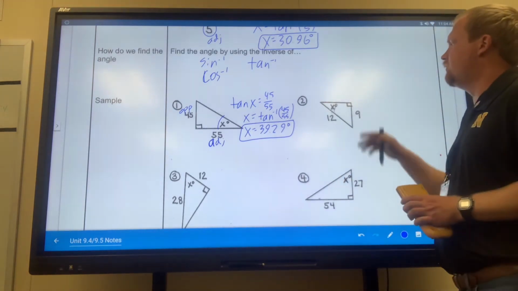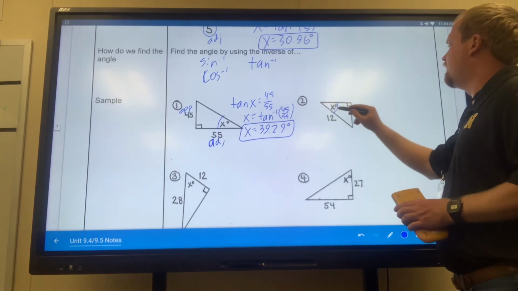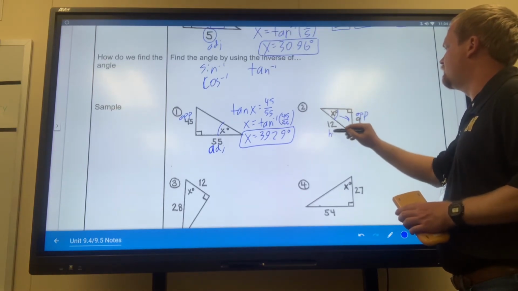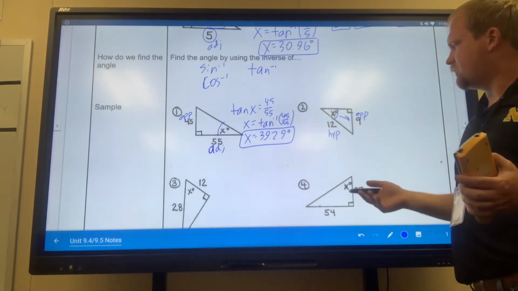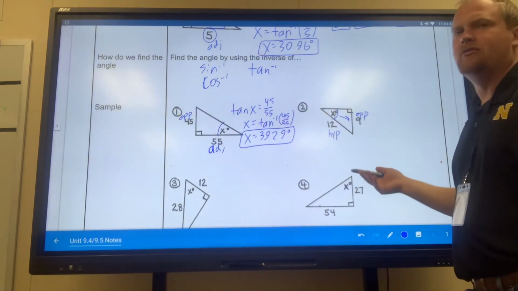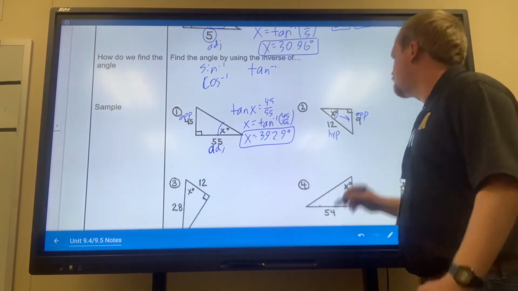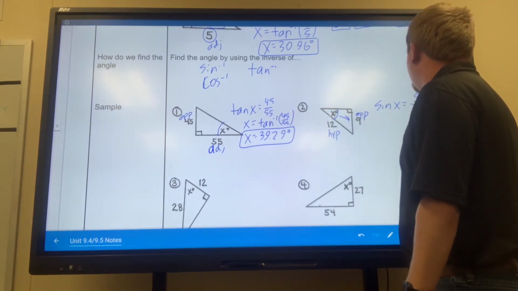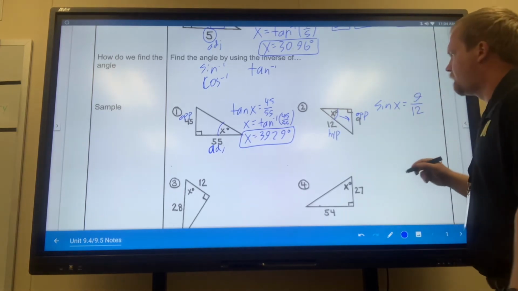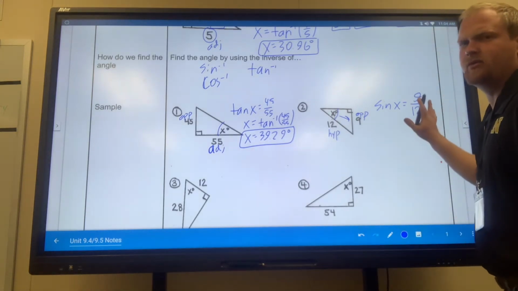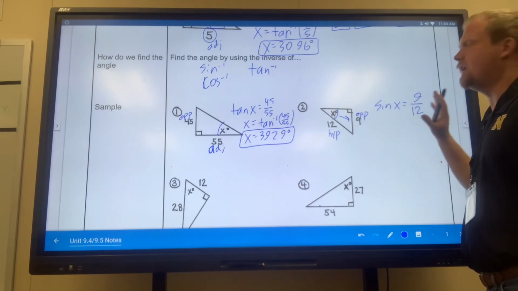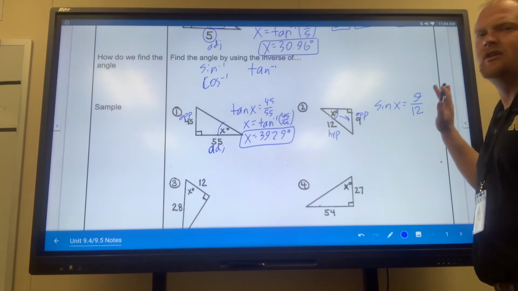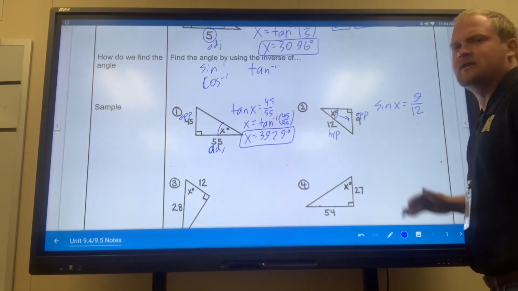Now, looking at number 2, I have my opposite and my hypotenuse. So what trig function would I use? Simple, I would use sine. So sine of x equals opposite over hypotenuse. Now I could reduce it, but I'm just going to leave it as it is, just to be safe.